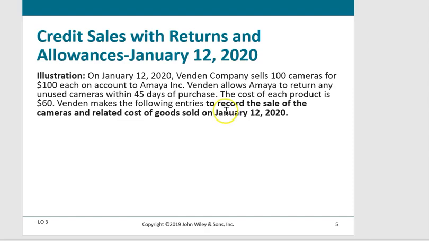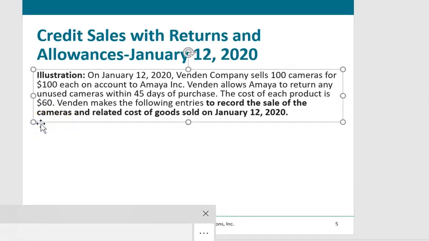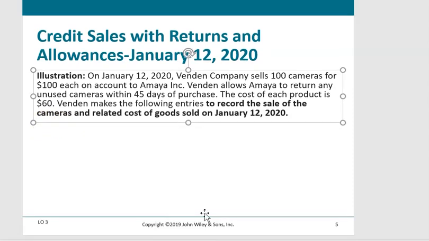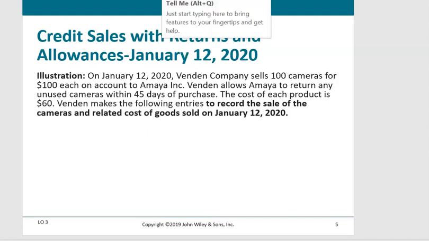Let's record the entry for the sale of the cameras and the related cost of goods sold on January 12th. This is a fairly easy, straightforward journal entry. It's simply a review of what we did in the first third of Intermediate 1 and throughout most of Accounting 221, the Introduction to Principles of Accounting.